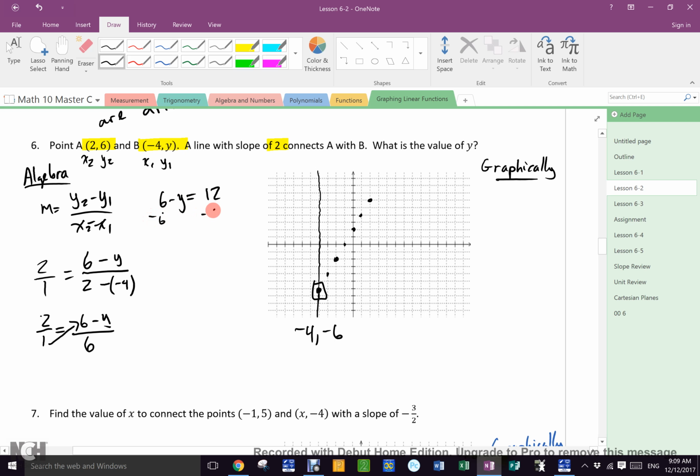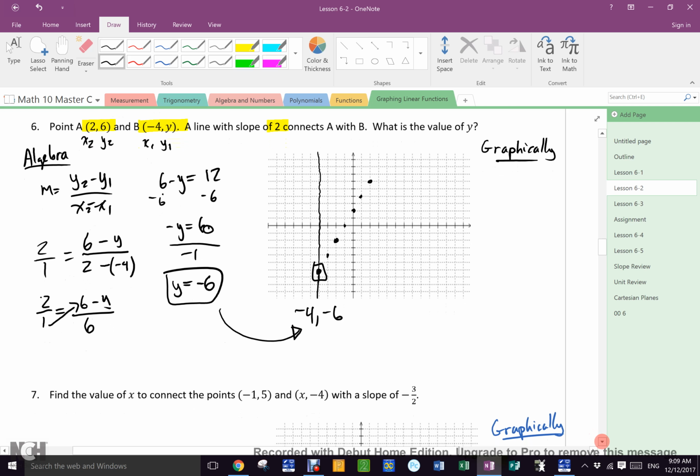Minus 6 from both sides. Negative y equals 6. But I don't want negative y, I want positive y. So I divide them both by negative 1, and y equals negative 6, which we already knew because we counted it first. Can everybody do both, or at least C?